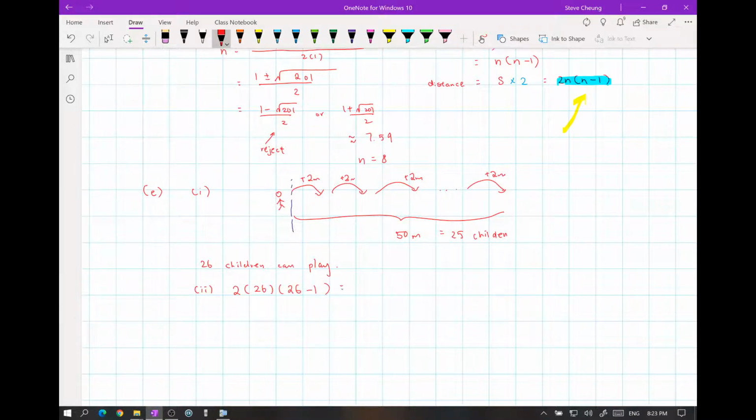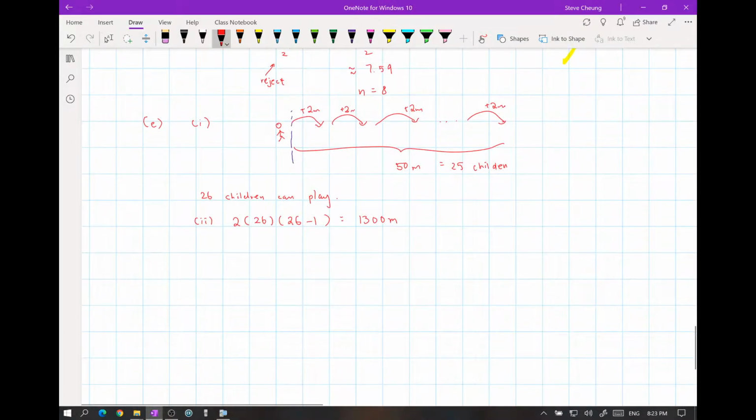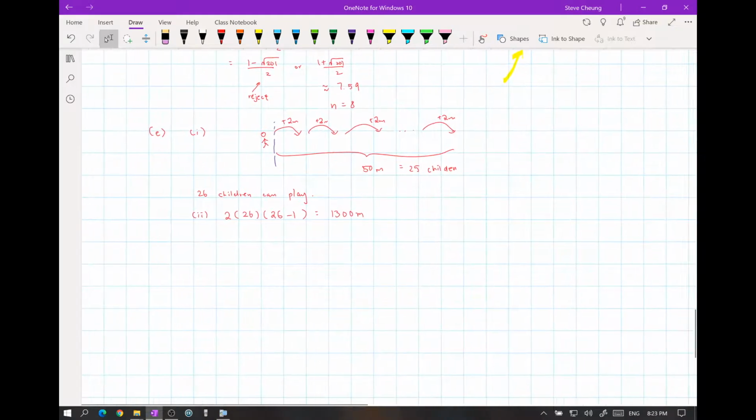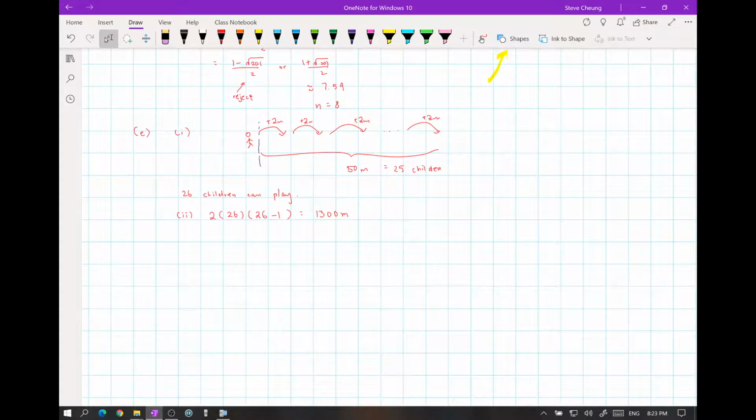It's nice that we have a formula. Otherwise, we'll have to derive it again and again. And we have 1,300 meters. Man, I don't think I can throw 50 meters. How far can you throw?